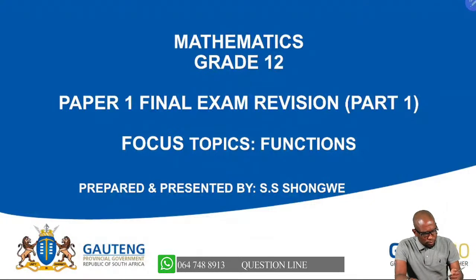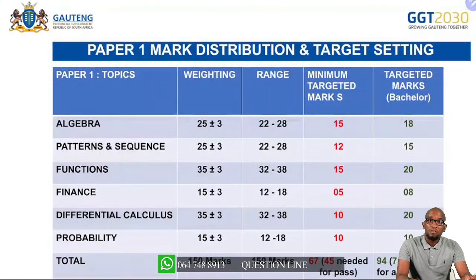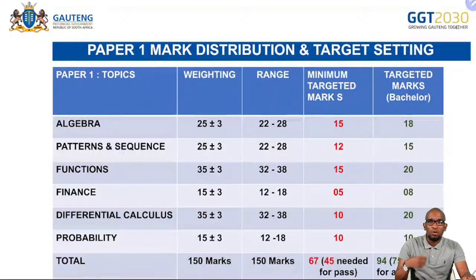Right. To check here, I indicated that we'll be looking at functions here. Obviously, we have our mark distribution and target setting. You would recall that every time we do our revision, we put up our targets to say these are the targets that you can set for a pass and these are the targets you can set for a bachelor pass. A learner that has the ambition of obtaining a distinction should have targets just above the targets that we put in there for bachelor pass.